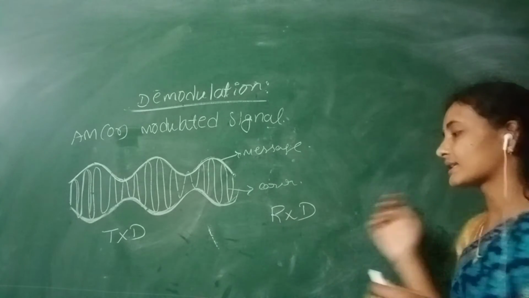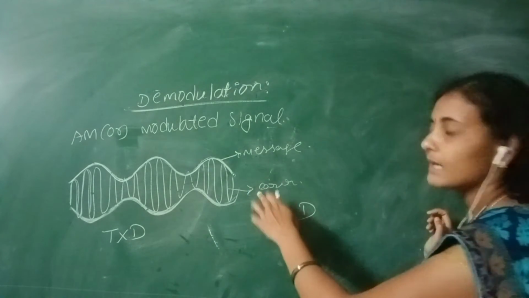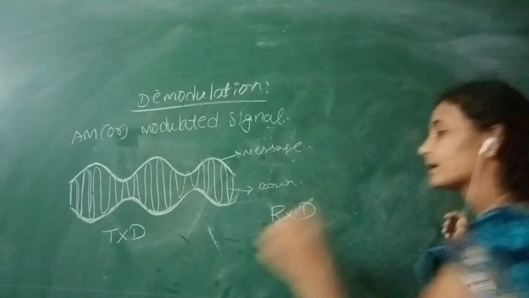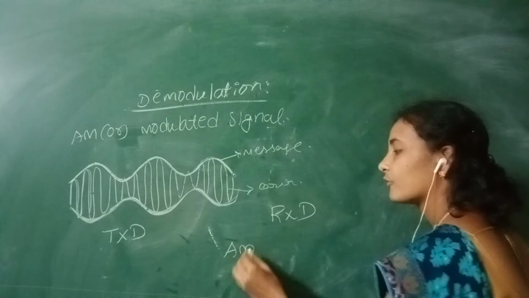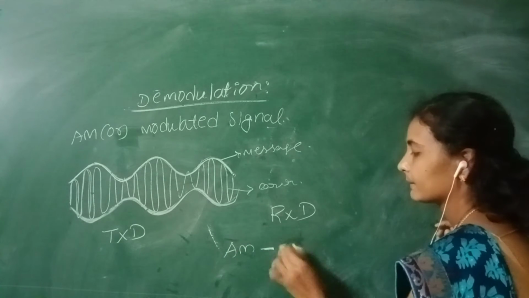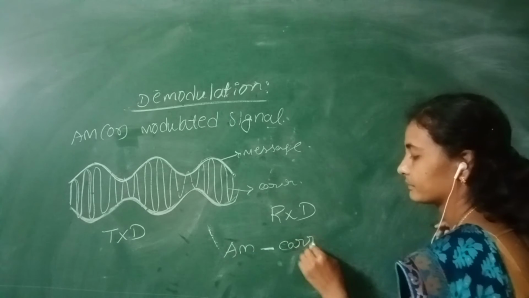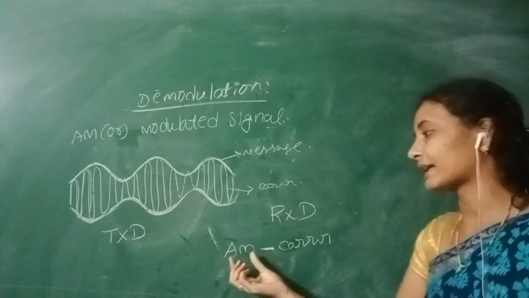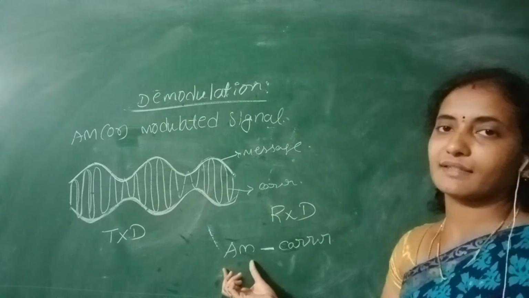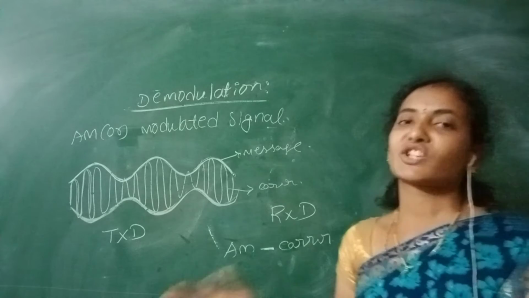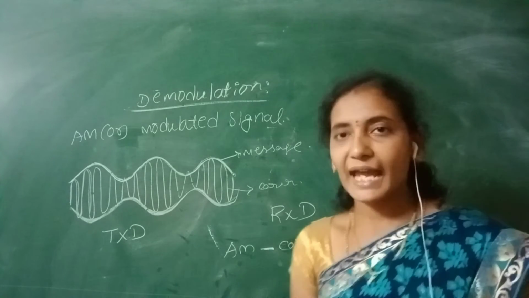So at the receiver, we have to separate the message signal from the modulated signal, that is, from the amplitude modulation signal, we separate the carrier. Once we separate the carrier, we automatically get the message signal.